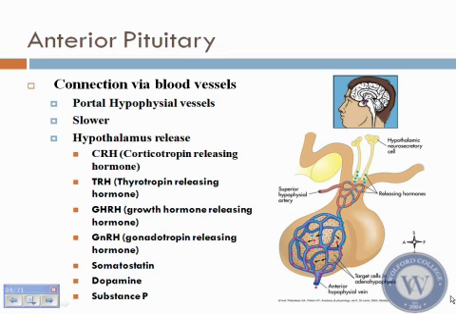It indicates to you that the origination point is the hypothalamus. That's the first thing you want to do in taking a test: understand where the source is coming from. Is it coming from the hypothalamus or the anterior pituitary? The only ones that we have to sort of understand are somatostatin, dopamine, and substance P, which are also released by the hypothalamus as well.